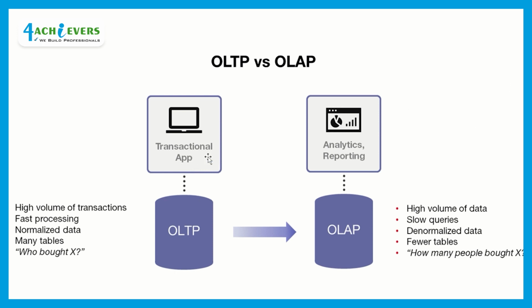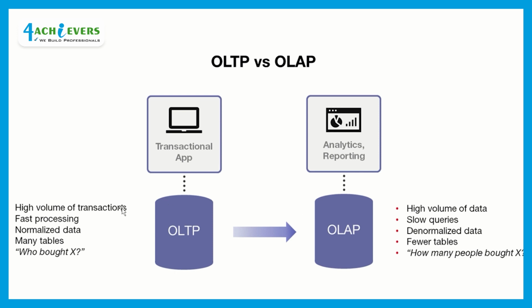It will do the same thing as transactional, finding the transactions, and then it will summarize and count them, like there are 10 transactions where the person bought this product. That's why it is slow; you can see these are slow queries. The transactional one is fast because you just find the transaction and that is your answer. Here it will find all those transactions satisfying the condition and then summarize them, so it will be slow.